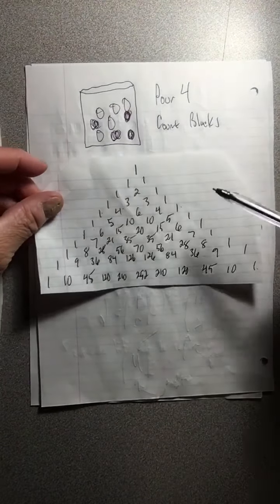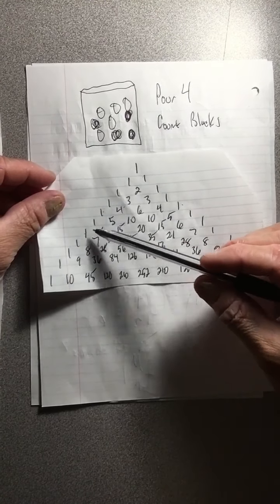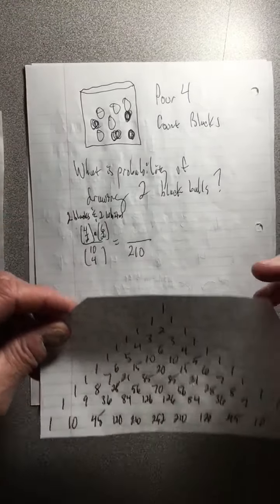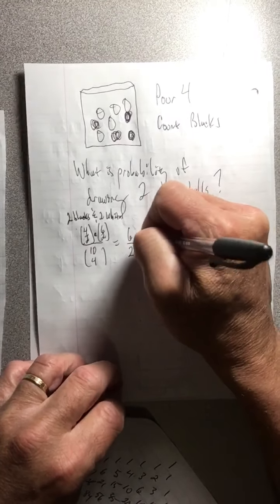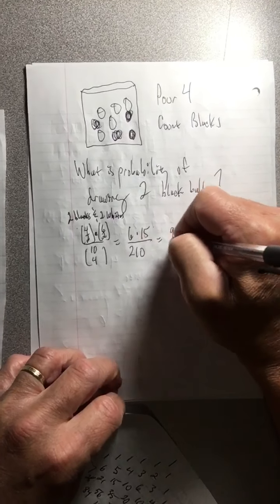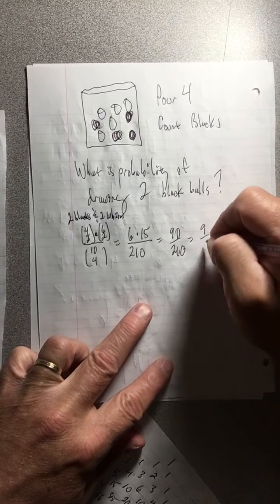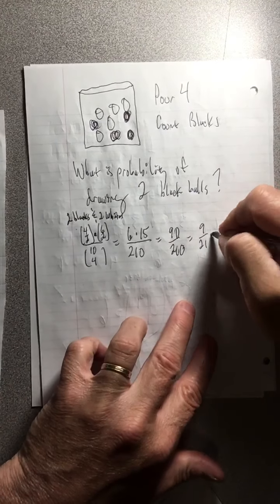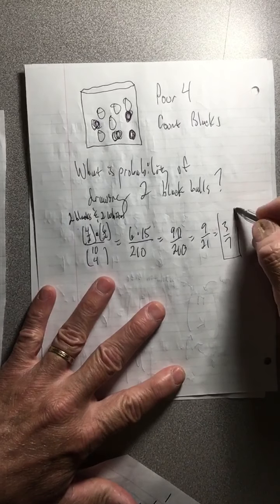To get 2 blacks from 4, 0, 1, 2, 6. And then 2 whites from 6, 0, 1, 2, 15. So it was 6 and 15. So 6 times 15, that's 90 over 210. And we can reduce, it'll be 9 over 21. 3 goes into both, so we get 3/7. So that's the answer to the question, 3/7.